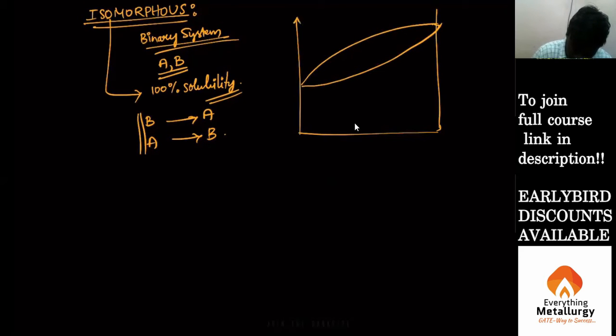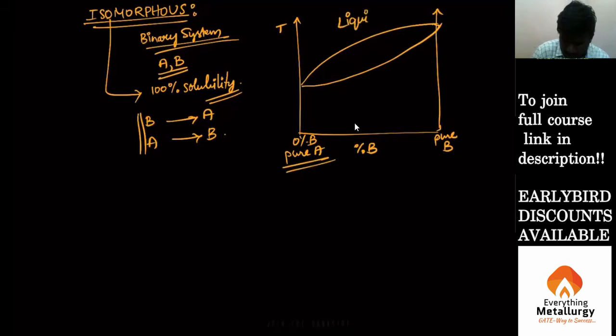As I said, this is the temperature, and this is B: pure B at 100 percent B, and at 0 percent B it is pure A. Here are the regions: liquid, solid, and liquid plus solid.